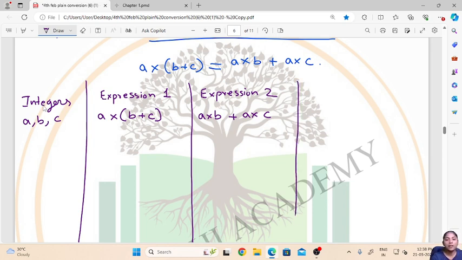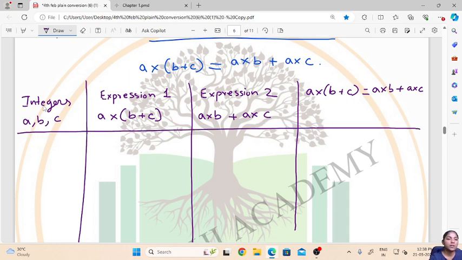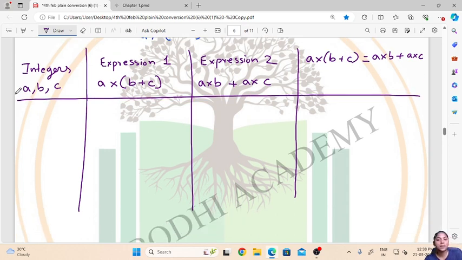And at the last we have to see if a into (b plus c) is equal to a into b plus a into c. So let us solve some examples and verify this property.